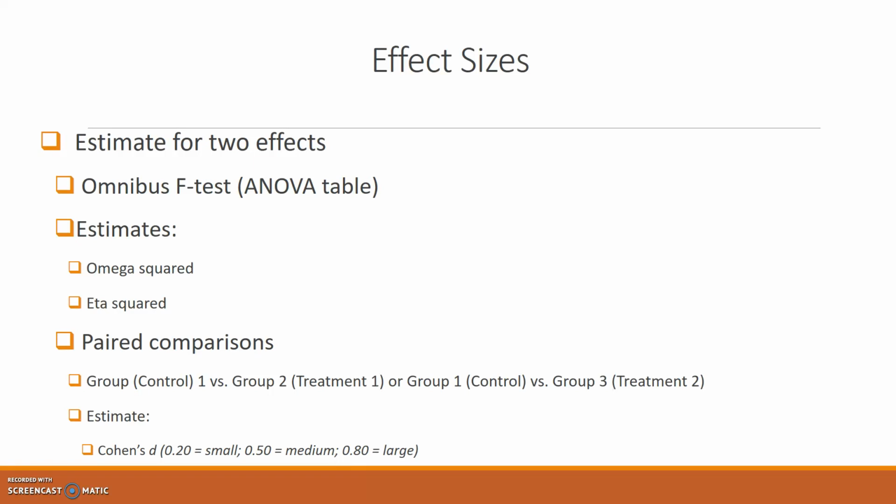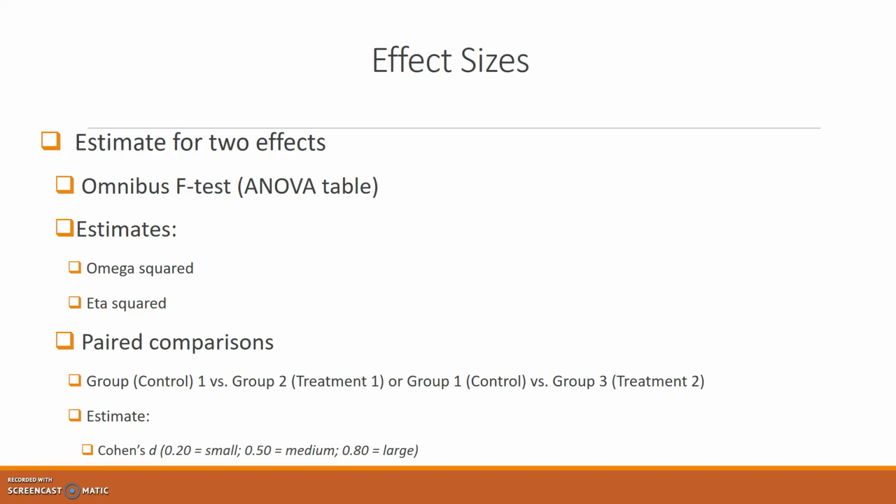These both range between 0 and 1, and what they indicate is the percent of variance in the dependent variable attributed back to the levels of the independent variable. For example, if omega squared is 0.54, that means 54% of the variability in outcome scores is attributed to the different levels of the independent variable.